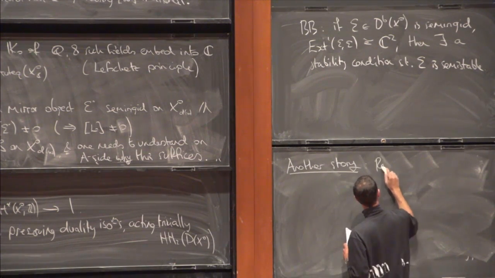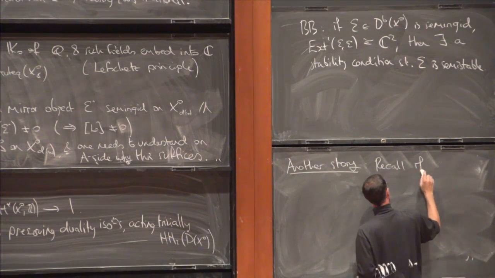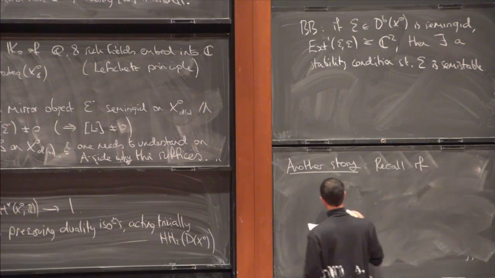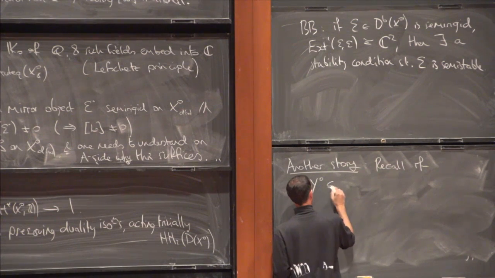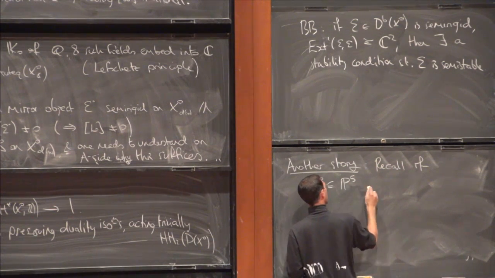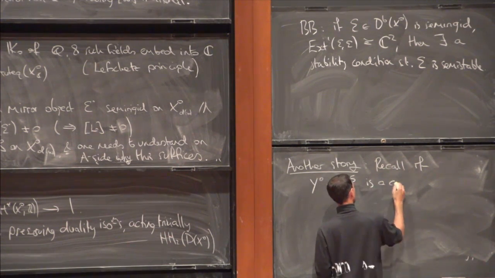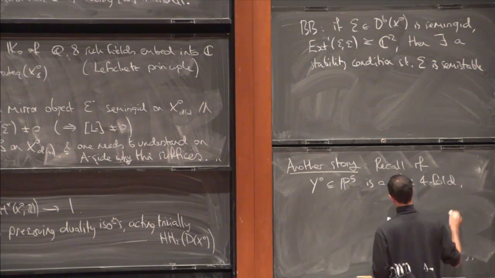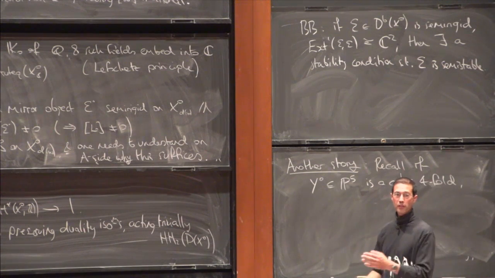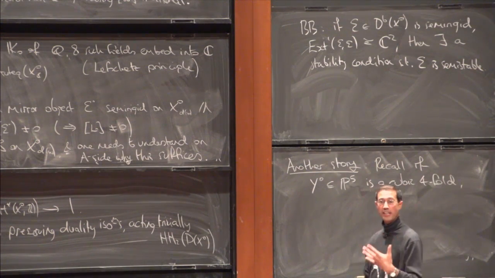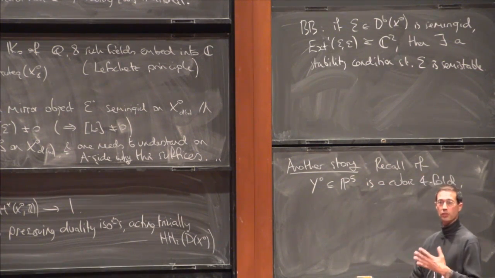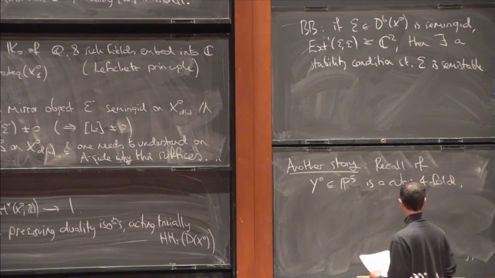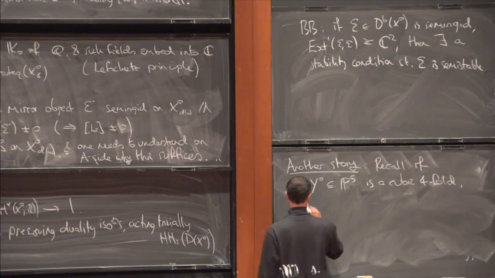So let's recall from Daniel's talk that if Y is a cubic fourfold, then the derived category of coherent sheaves on Y has an interesting piece, this Kuznetsov Calabi-Yau category, and a bunch of exceptional objects.